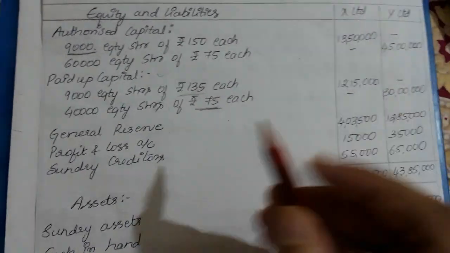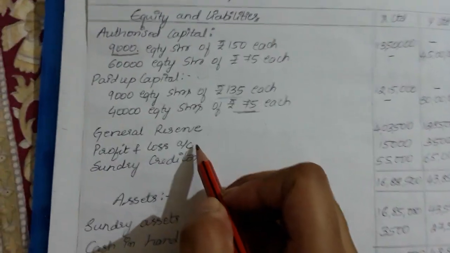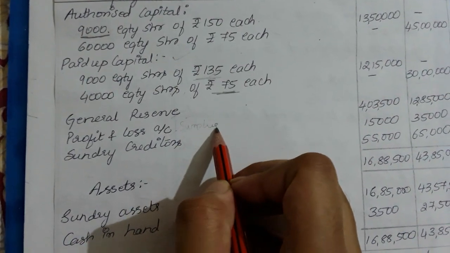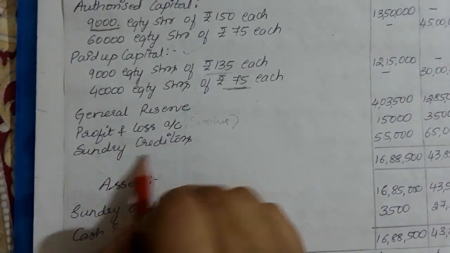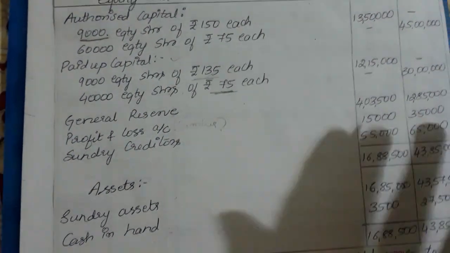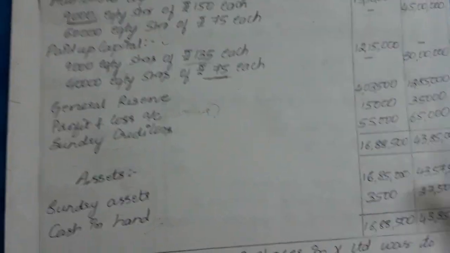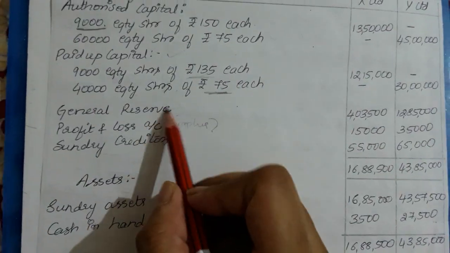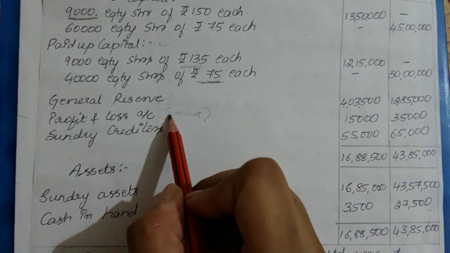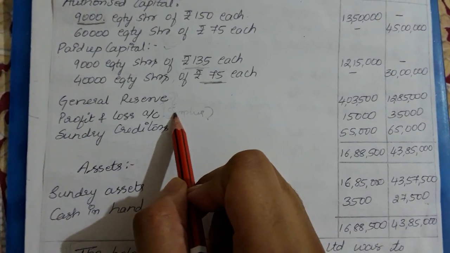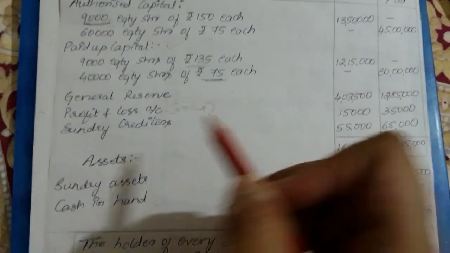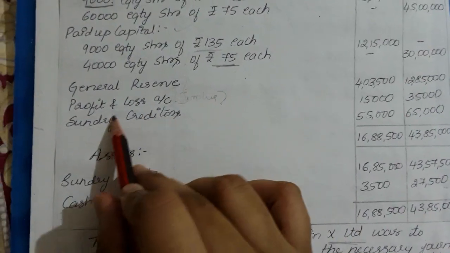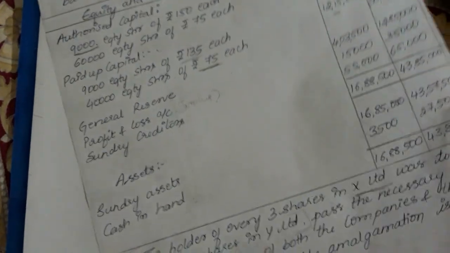We will not take reserves and surplus, or the profit and loss surplus. We take only bills payable, sundry creditors and trade creditors. The others belong to the owners of the company, that is the shareholders, so we do not consider them outsider liabilities. Here we have only sundry creditors as outsider liabilities.